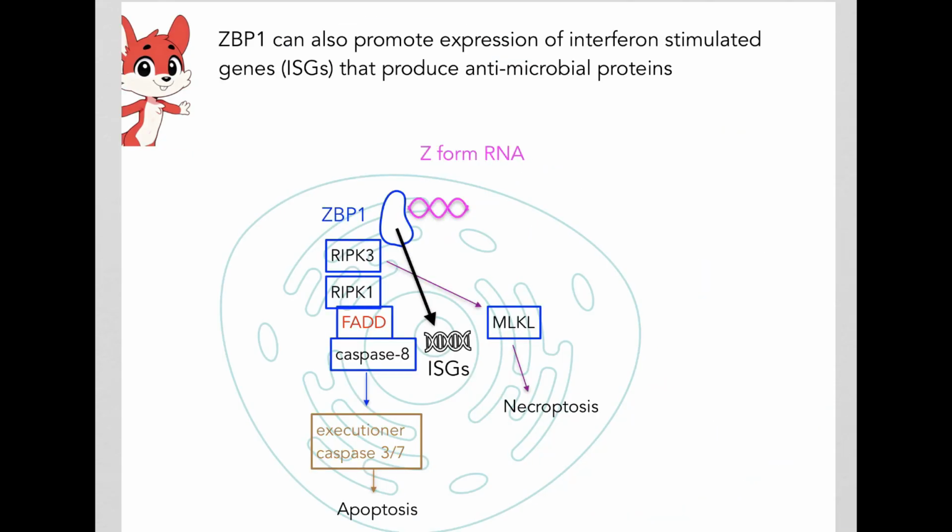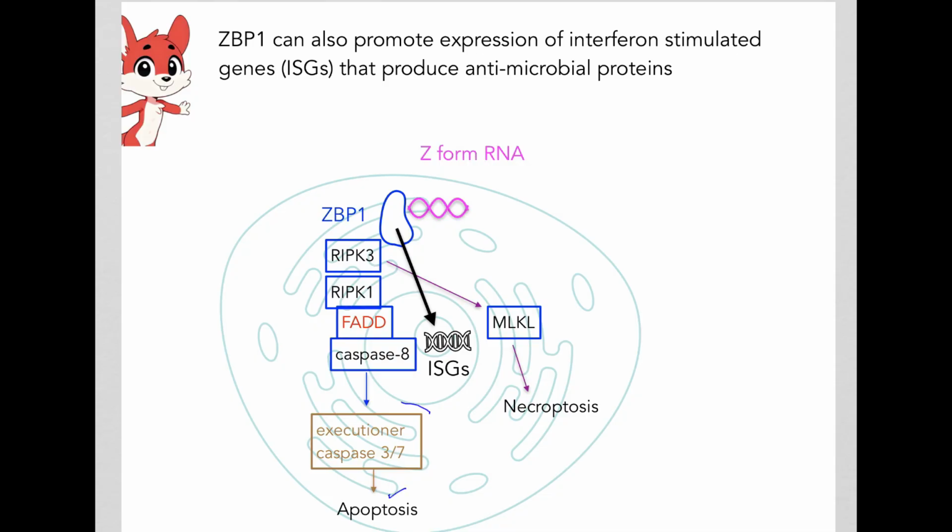Now, besides triggering apoptosis or necroptosis, it's also been found that the ZBP1 pathway can promote the expression of interferon-stimulated genes or ISGs. And stimulation of these genes produces several very powerful antimicrobial proteins that will help fight the infection. Okay, so this is how the TLRs and the ZBP1 receptors can lead to apoptosis.